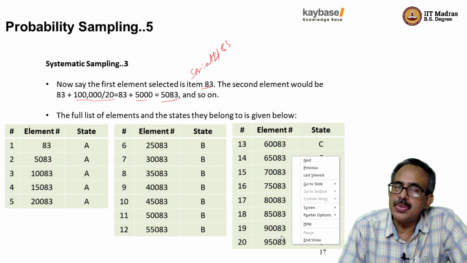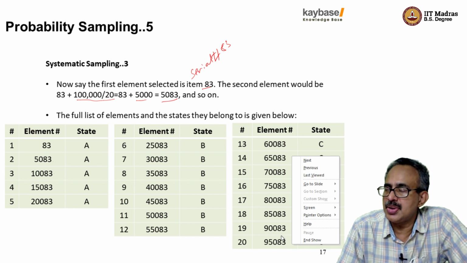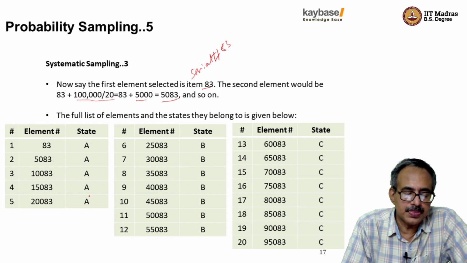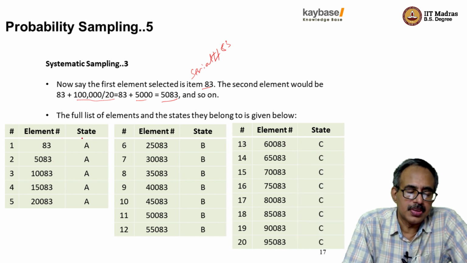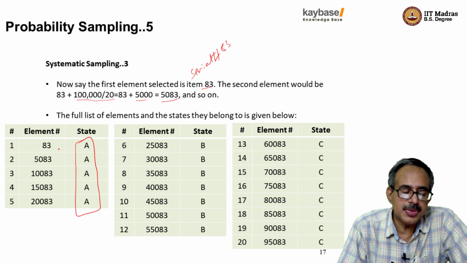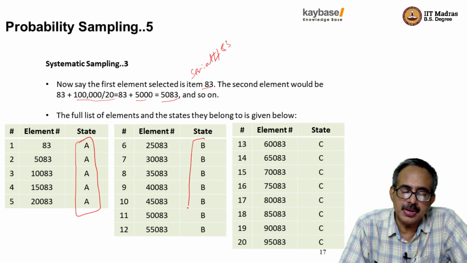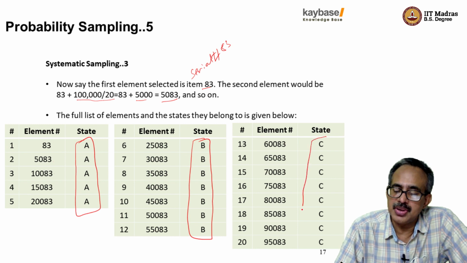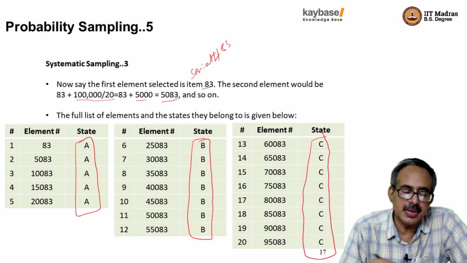Now, we know that serial numbers 1 to 25,000 are in A, so all these people are A. We know serial numbers 25,001 to 60,000 are in B, so all these people are in B. And 60,001 to 100,000 is in C, therefore all these people are in C. Now, how many people are in A? 5.